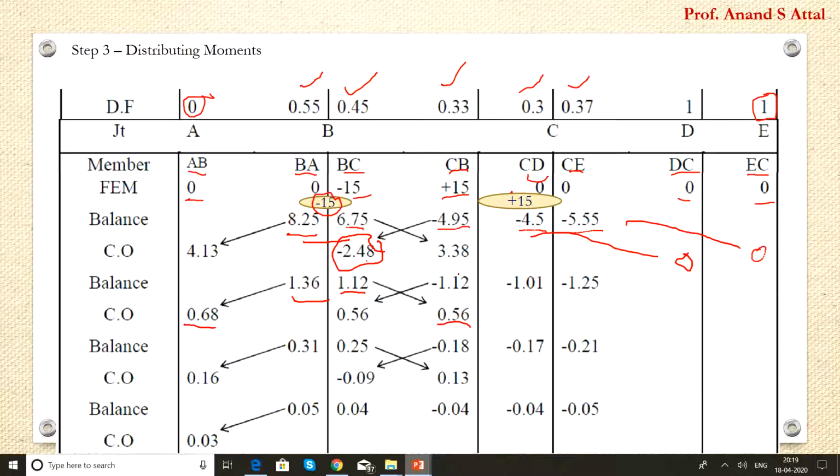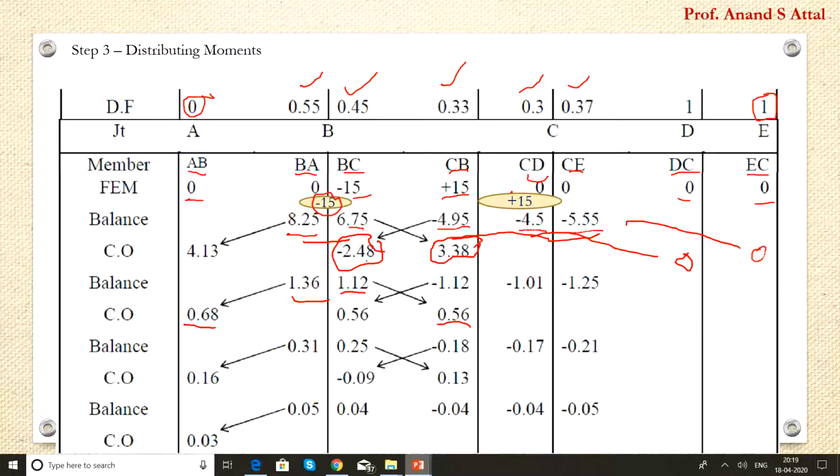Similarly, on joint C we have balanced the 15 kilonewton meter moment, but due to the carryover of 3.38 from joint B, the joint becomes unbalanced. So again we need to distribute this 3.38. The unbalanced amount is plus 3.38, so the balancing moment we require is minus 3.38.